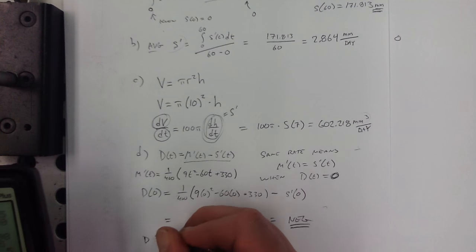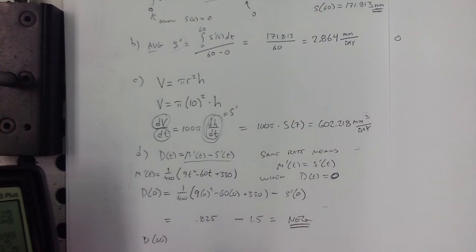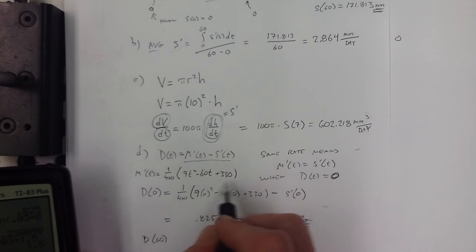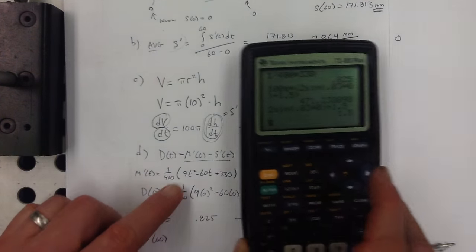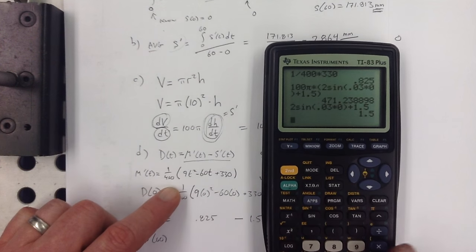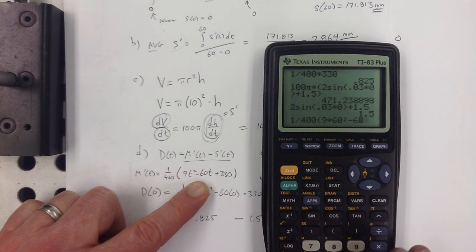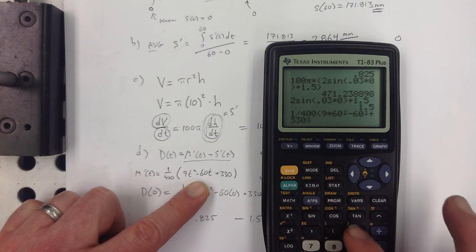And then d of, let's try 60. Let's just try the endpoint and see if we get a positive. Now, plugging 60 into this, I get 1 over 400 times 9 times 60 squared minus 60 times 60 plus 330.